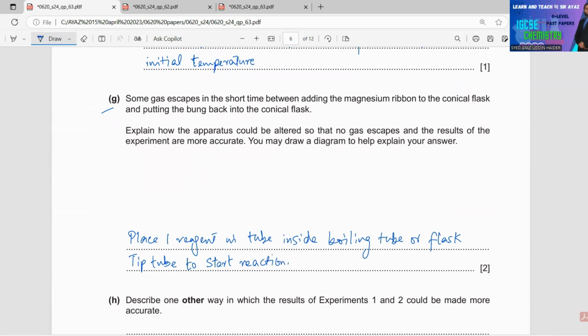You can tip the tube, start the reaction, and this is the way we can alter it, so that we don't have any gas escaping, and we'll be getting a more accurate result. The tip tube will be like that. Usually it's used in cannula.